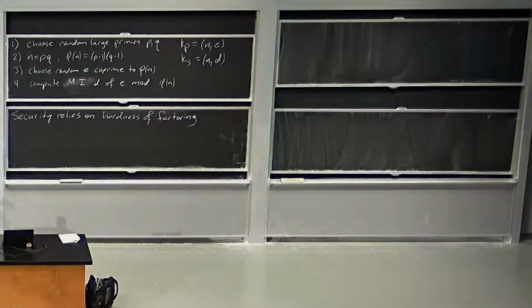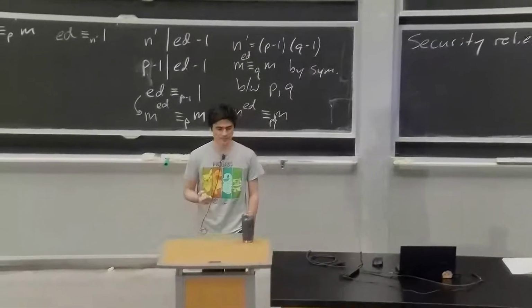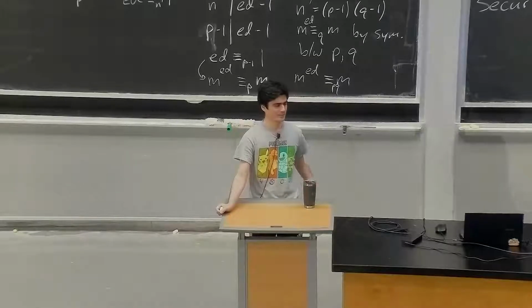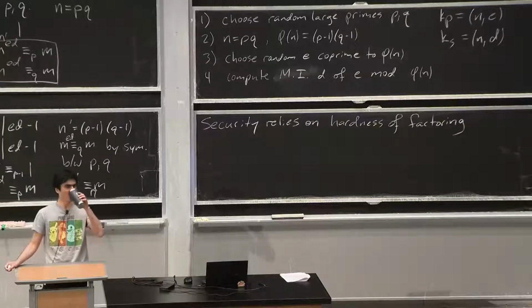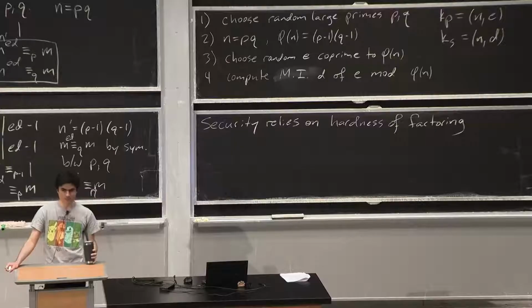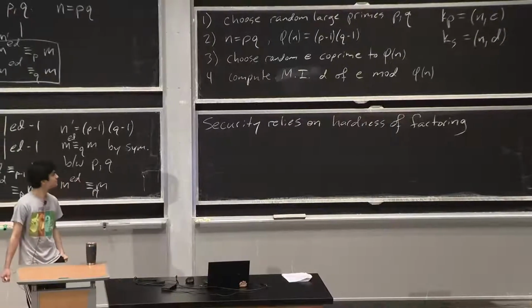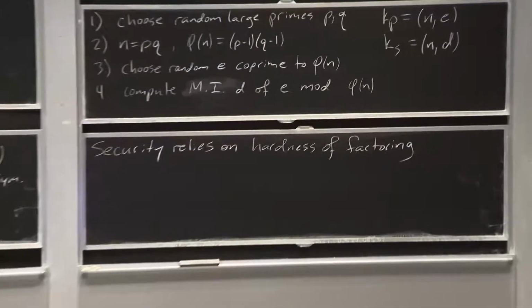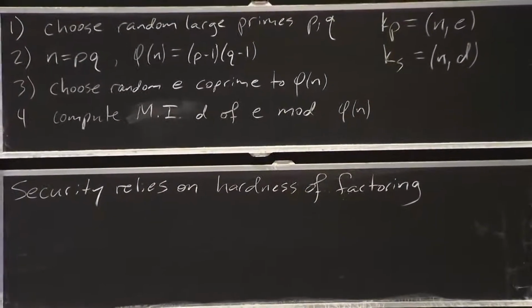Okay. So the question is, if we had an algorithm that would compute the secret key from the public key, how would this factor n? All right, notice that the secret key doesn't actually contain p and q.